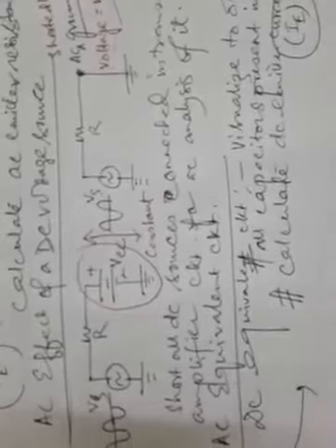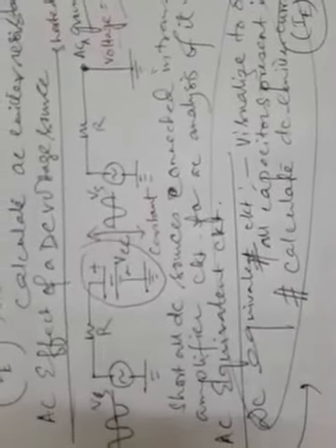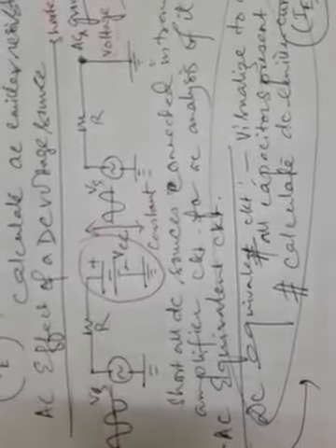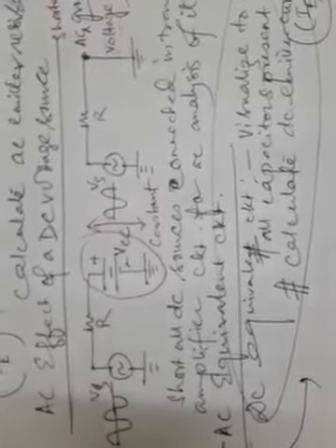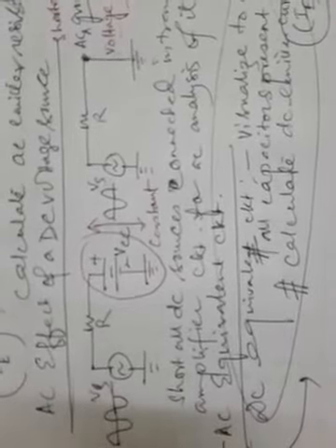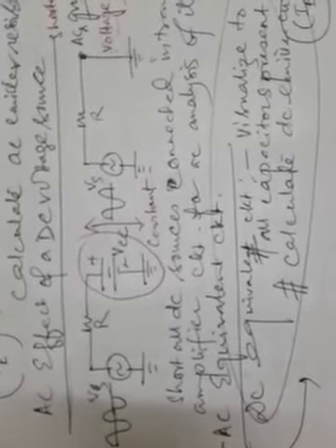Now let us see what is the AC equivalent circuit. After analyzing the DC equivalent circuit in this way, the next step is to analyze the AC equivalent circuit. This is the circuit that will remain after you visualize to short all capacitors and DC voltage sources.